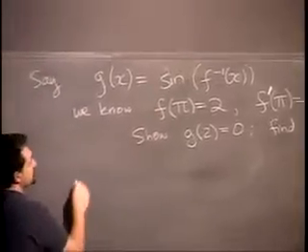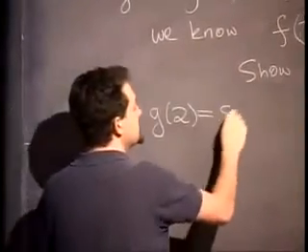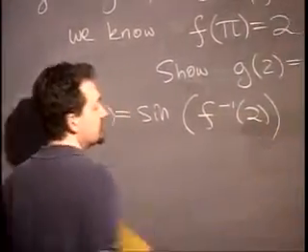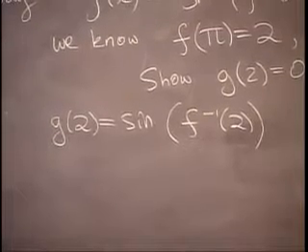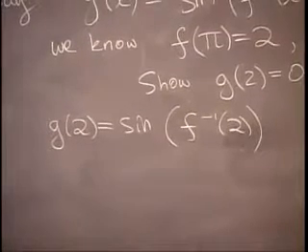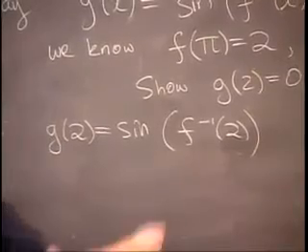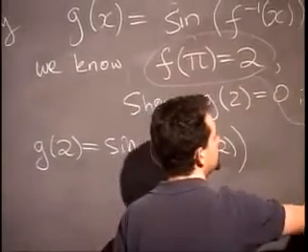Well, let's just do the first part. G of 2, we take the original formula for g, and we plug in 2. So it's sine f inverse of 2. Question is, what is f inverse of 2? Well, take this equation and flip it around.